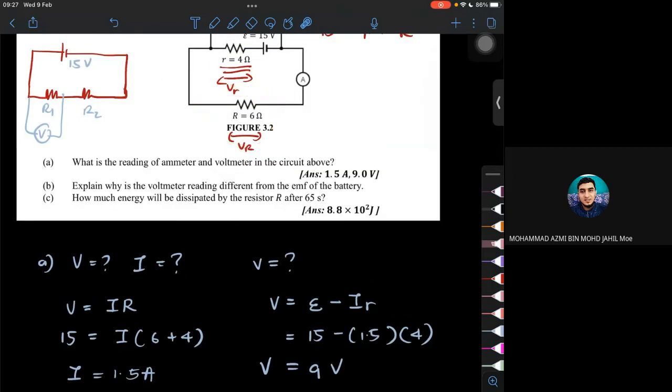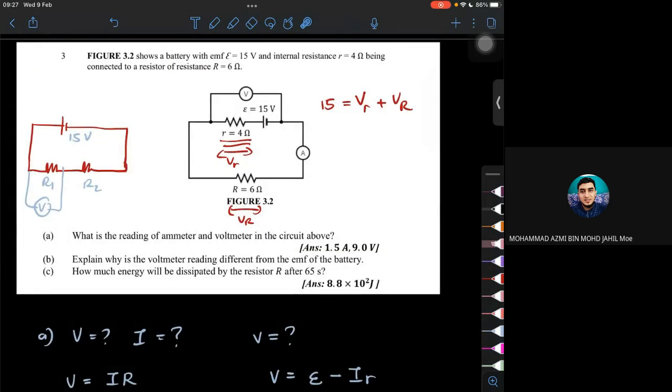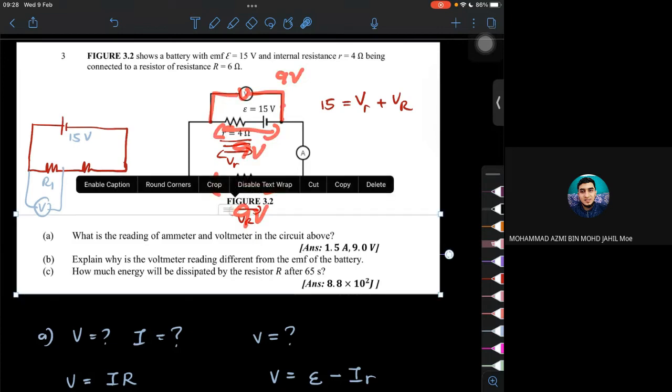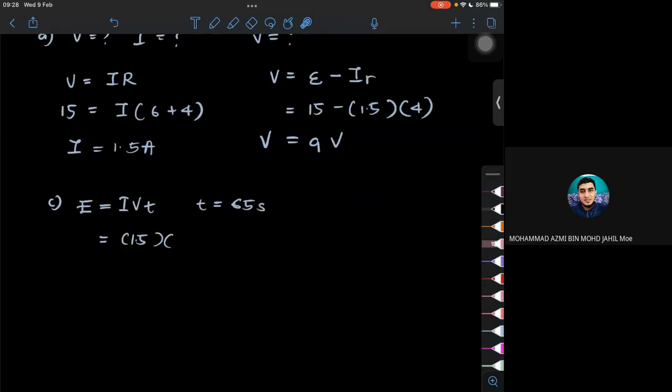So kita tahu, macam Miss cakap tadi kan, if we place the voltmeter here and we get 9 volt, meaning that the voltage here, 9 volt, will be equal to the voltage here also. So the potential difference across R is also 9 volt. And then you just masukkan 65 second.